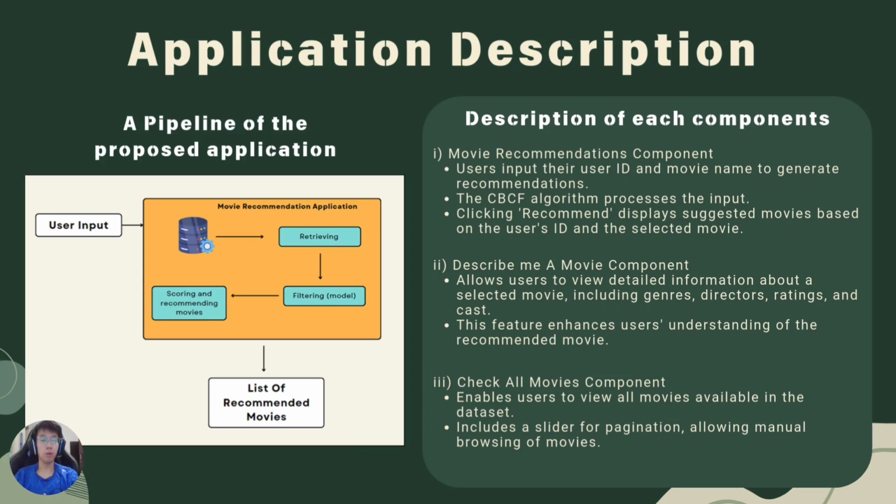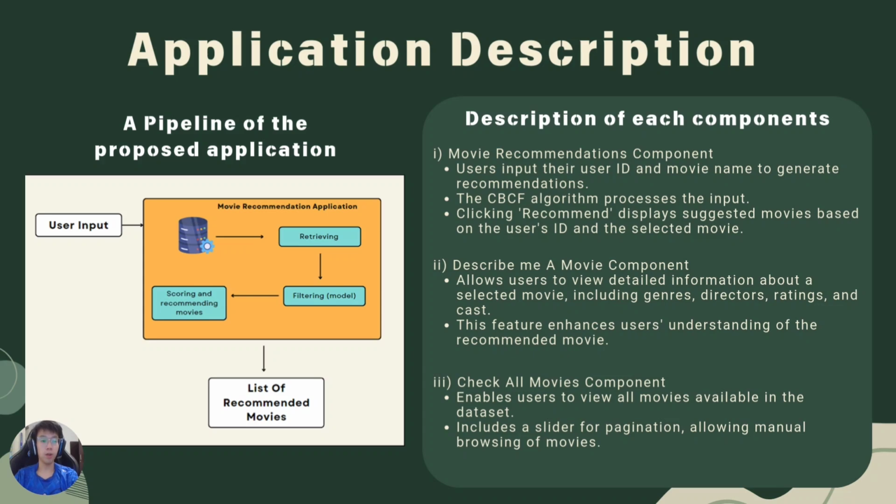In here, this is where the algorithm is. The movie name and also the user ID will be compared to the movies that are related, and the data of the movies that are related or recommended will be retrieved from the database, and it will go through a filtering, which is the model.